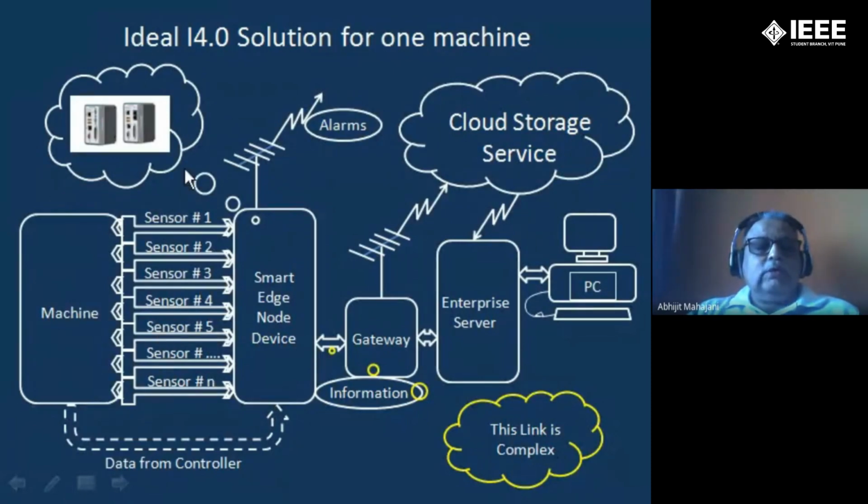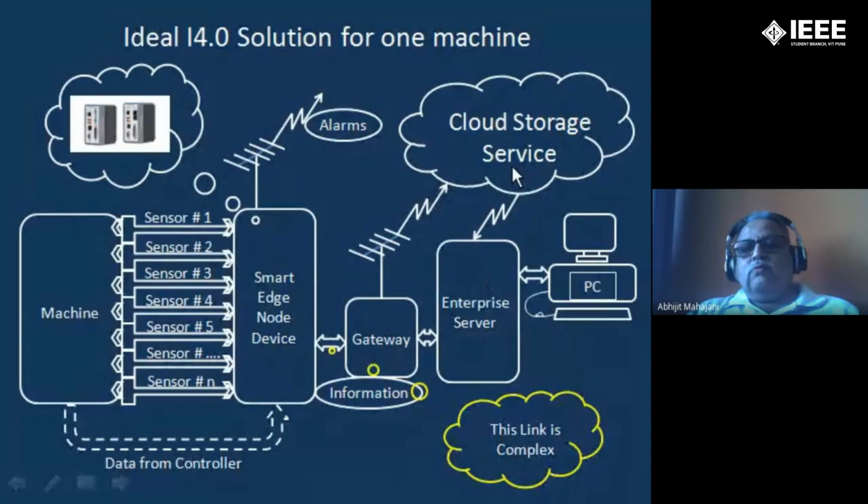You put additional sensors, and you sense that data too, and then analyze that data, convert it to information, and give some kind of alarms. And then you have an array which connects everything together, and it goes to your enterprise server or cloud storage or whatever.